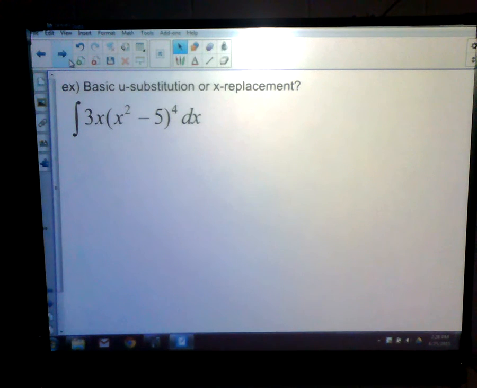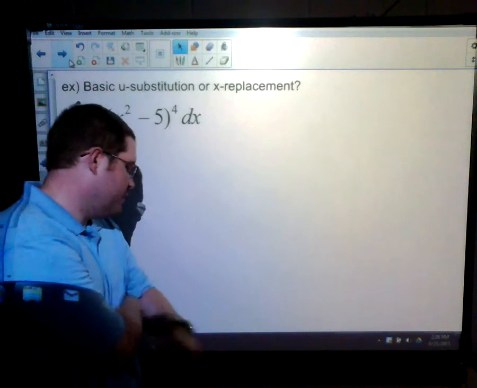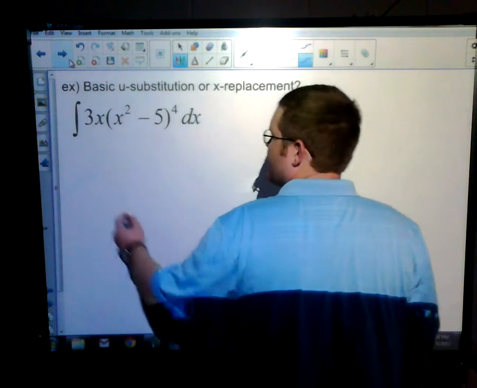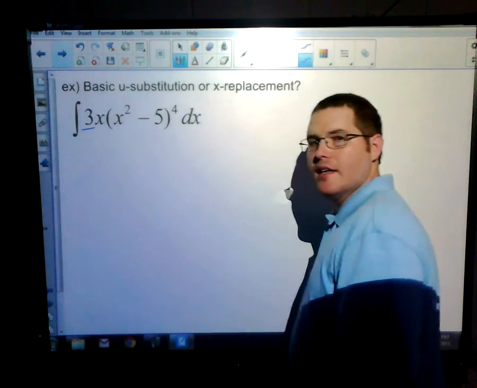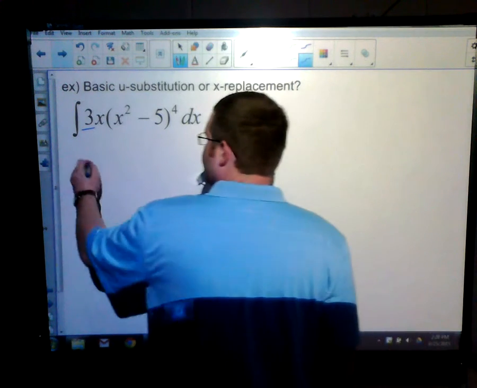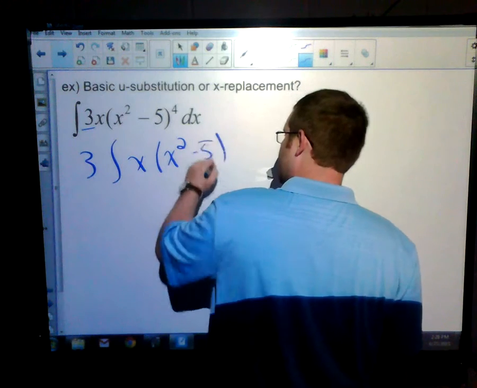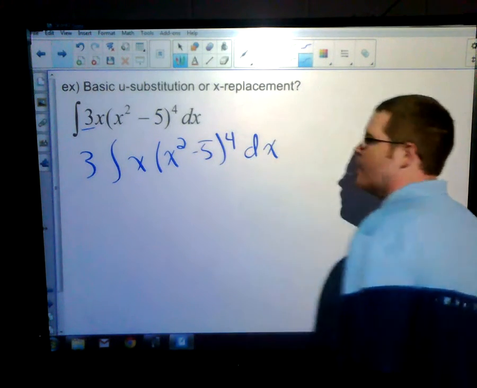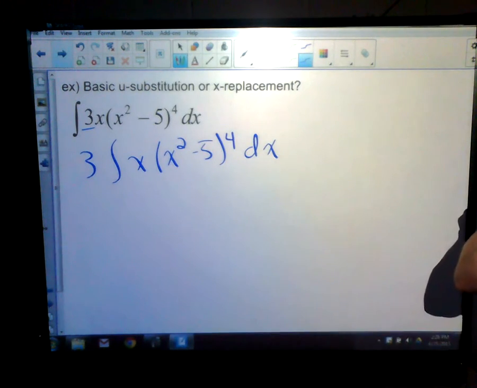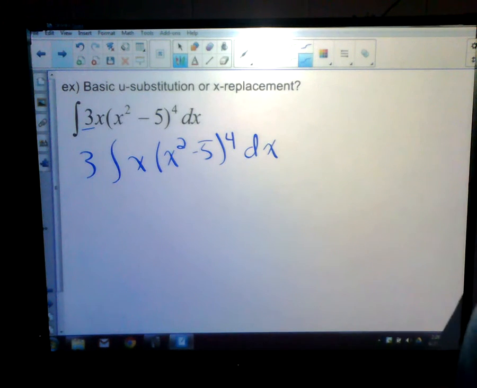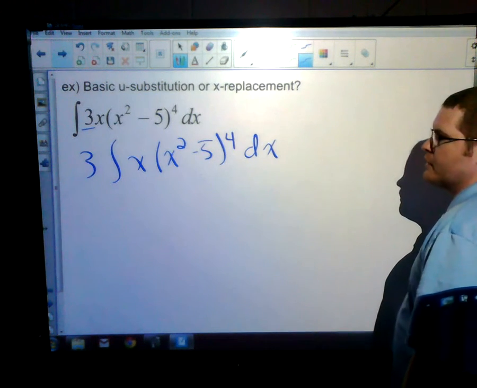How about this one? Well, the first thing I'm going to do is I see this 3 here, and I really hate that 3 being there. I'm going to move it out front. I can move any constant outside the integral. Now let's see if this is a U substitution or an X replacement problem.